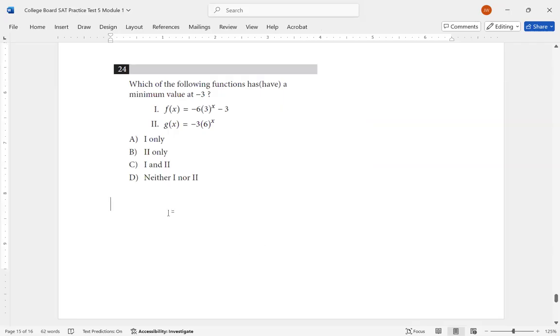24 says, which of the following functions has or have a minimum value at -3? We have f of x is -6 times 3 raised to the x power minus 3, and g of x is -3 times 6 raised to the x power.